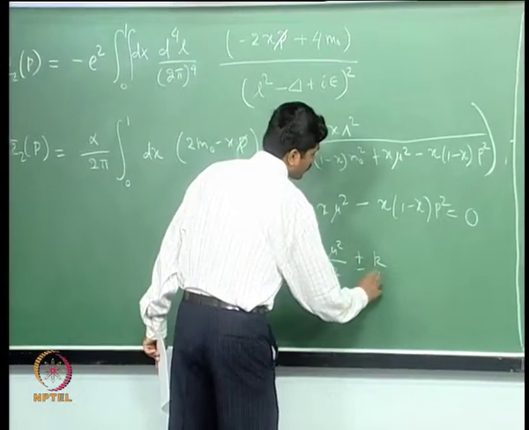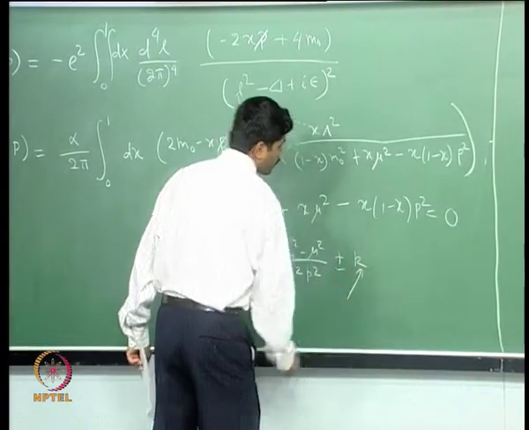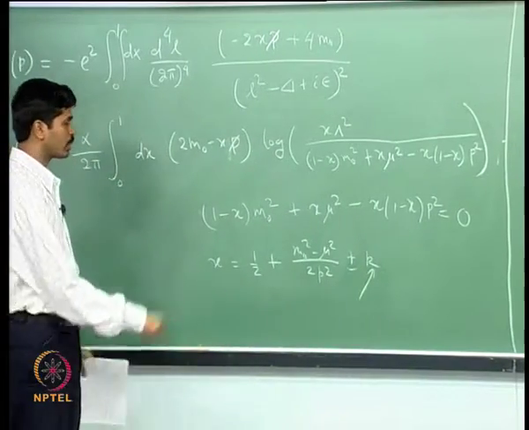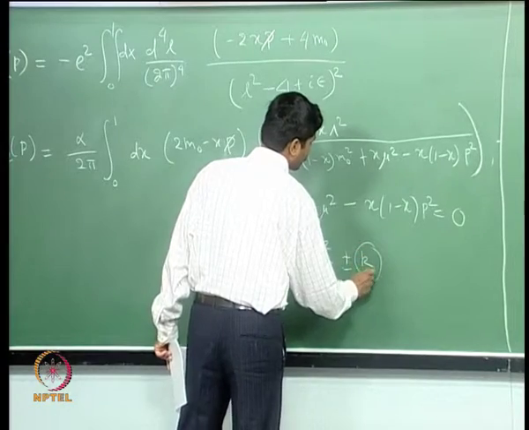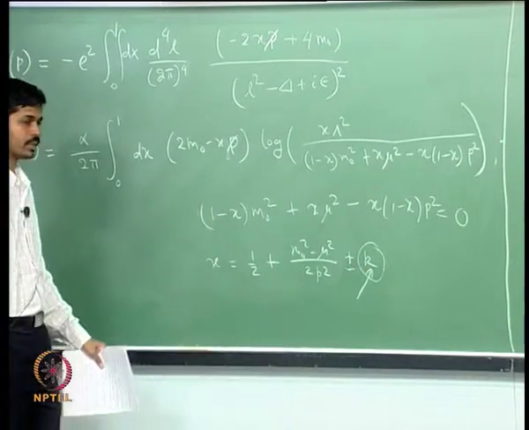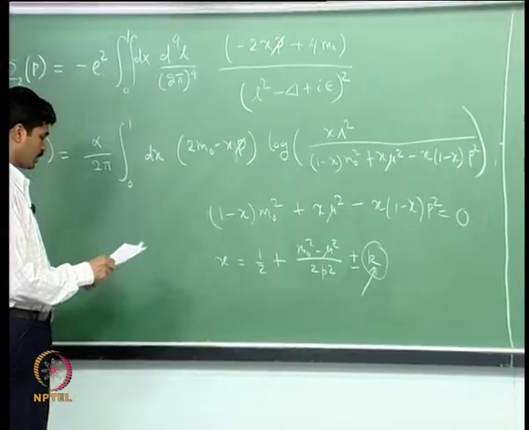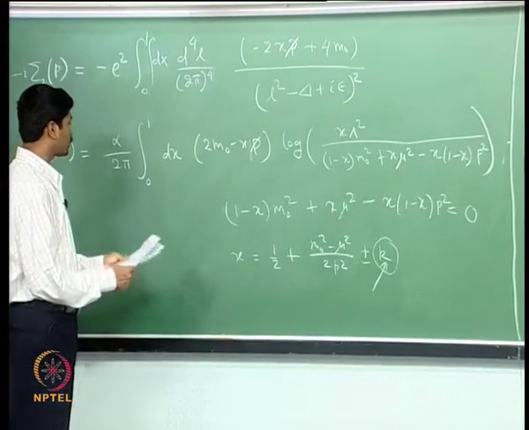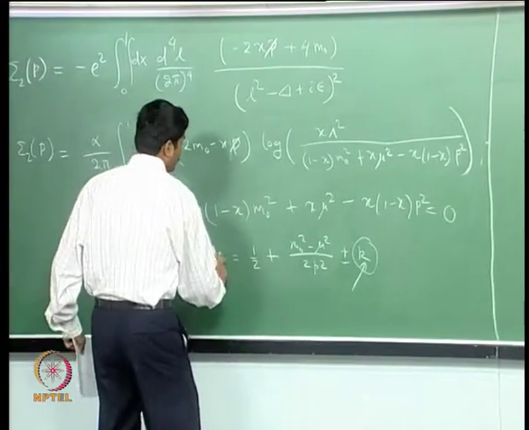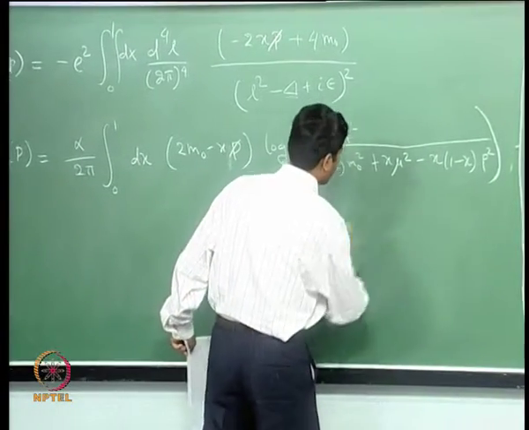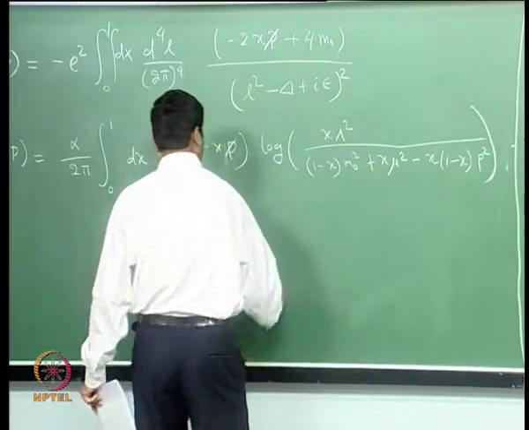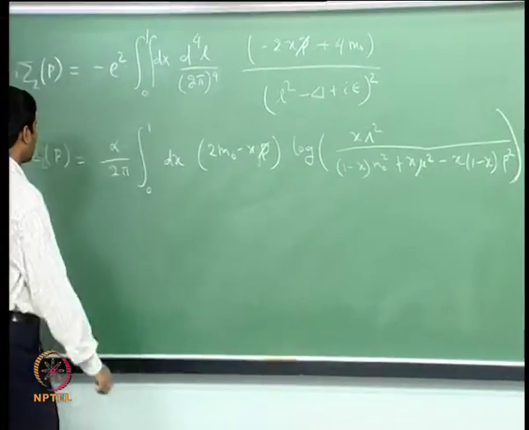If you evaluate the threshold momentum for creation of two particles in the center of mass frame, it is given by this k here. Okay. All right. So these are basically the analytical behavior of this expression here, and about the branch cut.